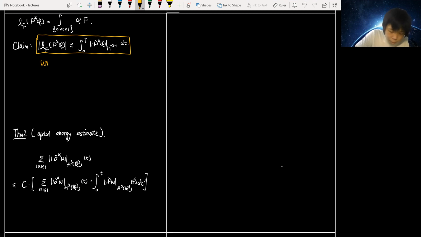Also need to prove uniqueness and the convergence of approximation. And to do that, we need the following a priori energy estimate.